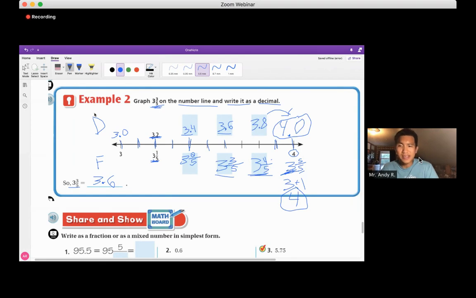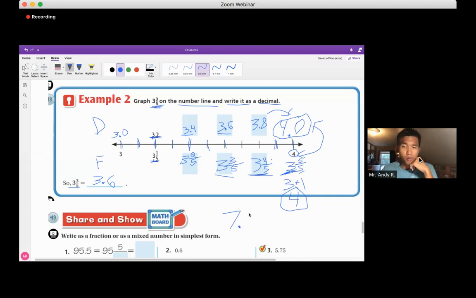Is this clear for everyone? 4.0 is the same as 4. These are the same. Like if I asked you, what's the decimal form of 7? 7 is a whole number, but you can still write it as a decimal.